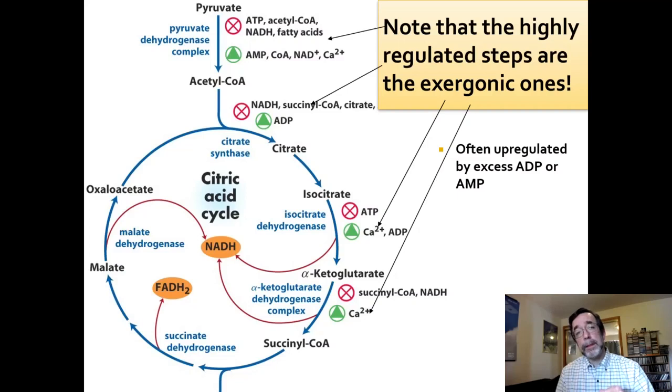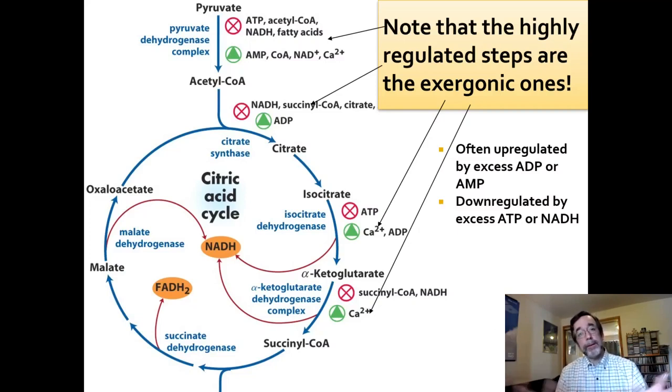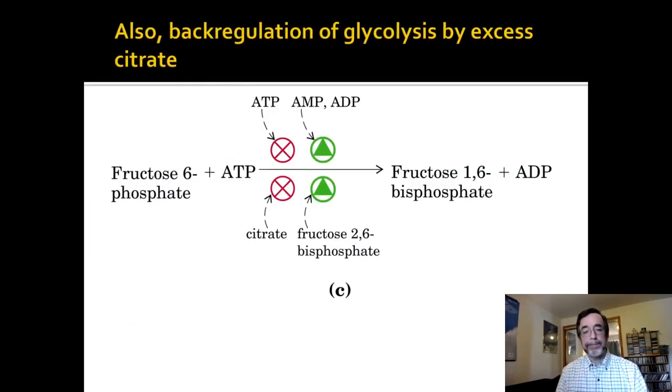We just want to know in general, if you need energy, AMP is going to be high relative to ATP, and that's going to turn on these enzymes in general. They're downregulated by ATP or NADH. So if you have enough phosphates, if you have enough electron boxes, you're actually going to have red X's with those. And again, the same pattern is what you want to look at.